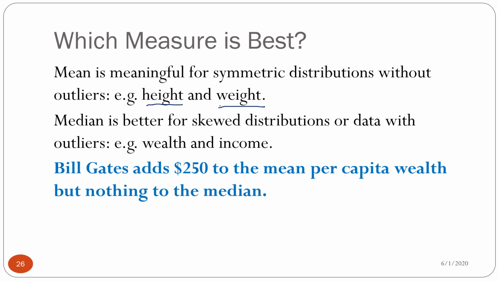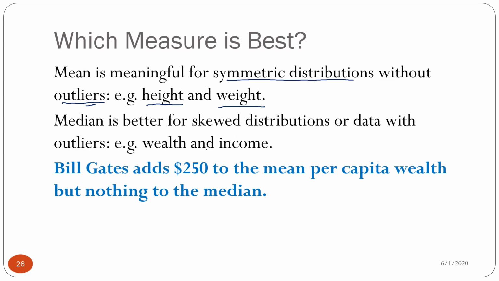Height and weight data is a symmetric distribution centered around the mean. For cases where the distribution is supposed to be symmetric and you don't have outliers, you go with the mean. The median is better when you have outliers and when the distribution is skewed.